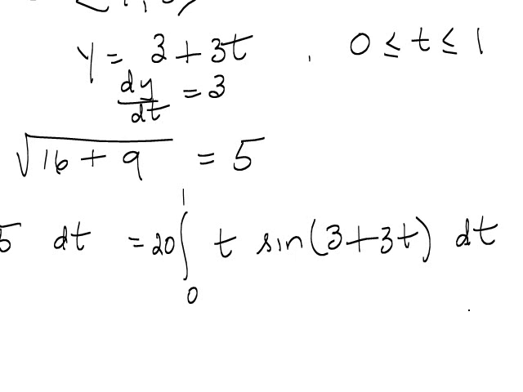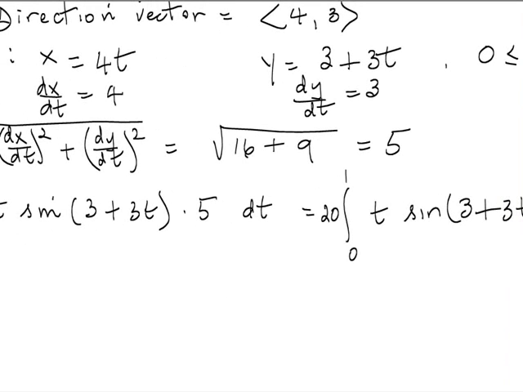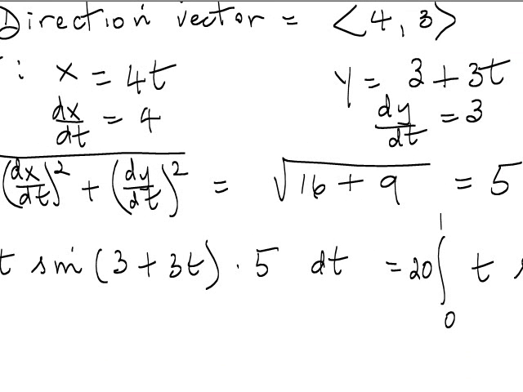Okay, we haven't done an integral like that. How do you integrate that? Any suggestions? Substitution will not work there, because if you differentiate the inner function within the parentheses, you will not get a multiple of t. The derivative of 3 plus 3t is 3.